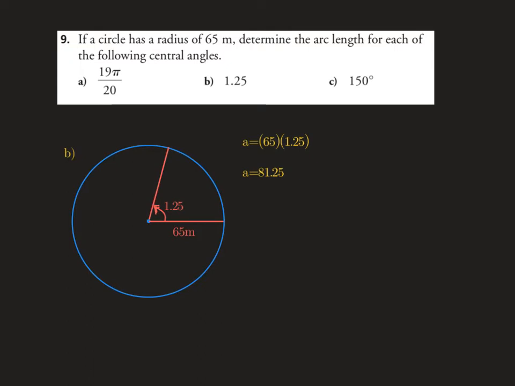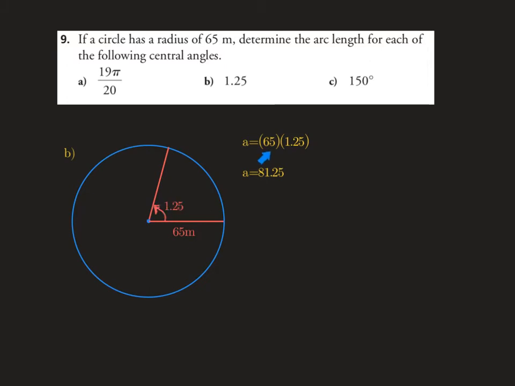And so this angle here, we're asking for the arc length. Well, the cool thing about radians is the arc length is exactly equal to the angle when the radius is 1 meter long. Since this is 65 meters long, the arc length is going to be 65 times the angle.